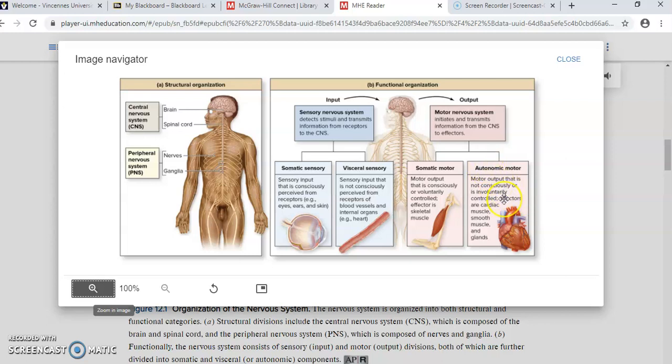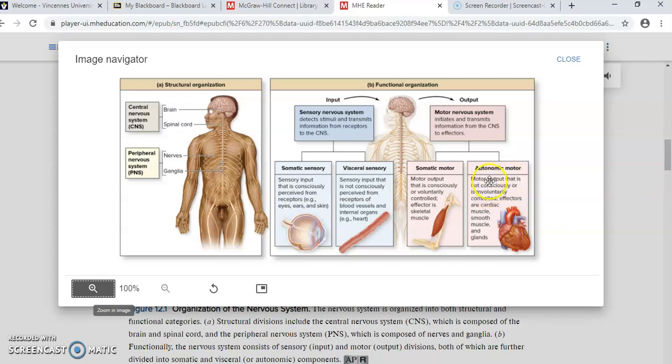So if we have motor neurons taking a signal to those particular muscles, cardiac and smooth, also glands, don't forget glands, like your thyroid gland or your ovary, those kinds of endocrine organs, we call them autonomic motor neurons. These are the ones that we don't consciously control, so we call them autonomic. I usually think of automatic when I see that word autonomic. It's something we don't consciously have to think about.